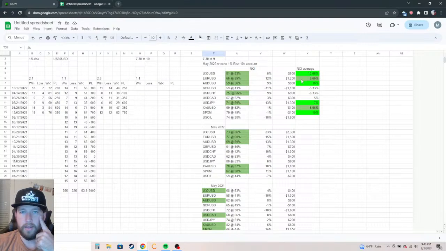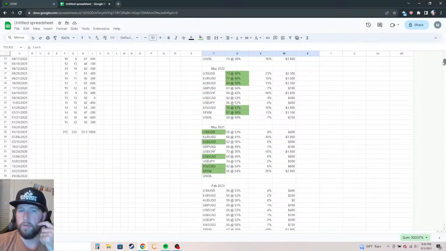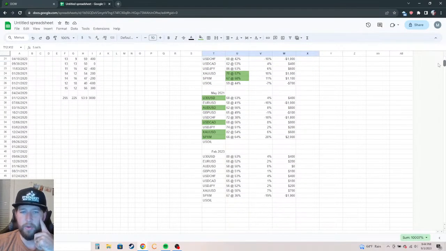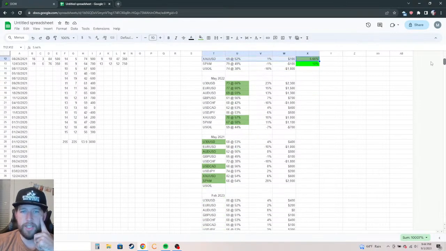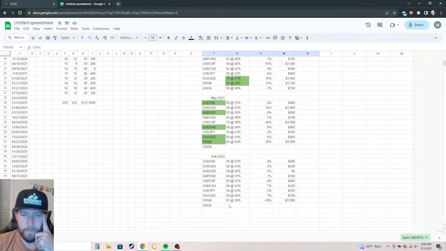And then the Euro US dollar and gold has actually been decent as well. US dollar Canadian dollar has been profitable, but not as good as some of the other pairs to this point. But that could change based off of getting more data. So we're actually on the last pair for this month, which is oil.